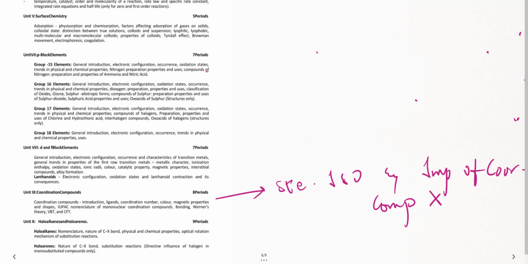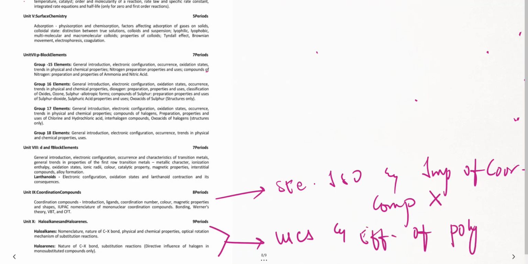Now let us start with haloalkanes and haloarenes, that is your organic chemistry. The topic which they have deleted is uses and effects of polyhalogen compounds: carbon tetrachloride, freons, all these are taken out. Polyhalogen compounds is completely deleted.